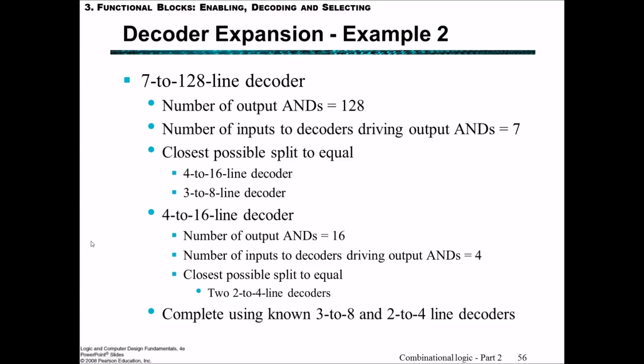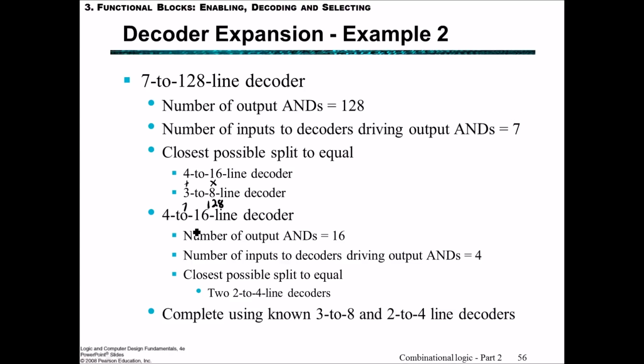The closest possible split we can think of is 4 to 16 and 3 to 8. And intuitively, we can see that we're going to be able to break it down into the 2 to 4 decoders. But just looking at this split, first of all, we have to add the inputs, so 4 and 3 gives 7. And we have to multiply the outputs: 16 outputs and 8 outputs gives 128.